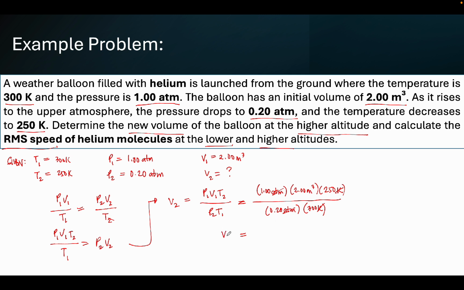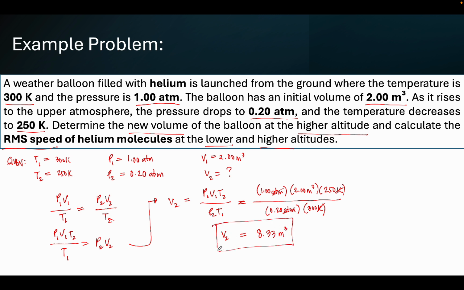Okay, so using our calculators to solve for V2, we have 1 times 2 times 250. So this is 500. 500 divided by 0.20 times 300. So our V2 is equal to 8.33 cubic meters.